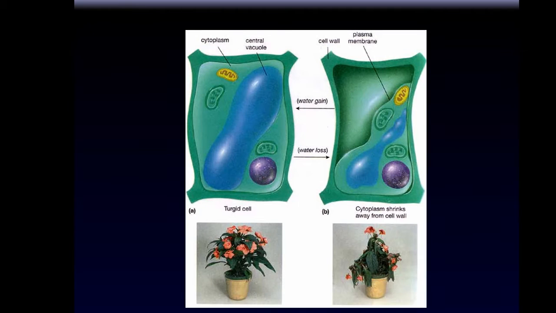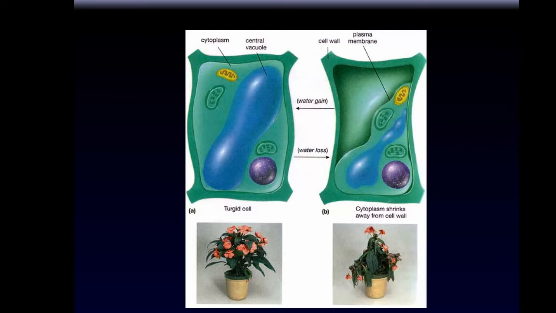Okay. This can happen to plants too. As we remember, we said that the central vacuole of the plant is very important for maintaining its turgidity, maintaining its strength. When the plant is dehydrated, like on a long summer day, for example, the plant wilts. However, the plant cell has a distinct advantage over a red cell.